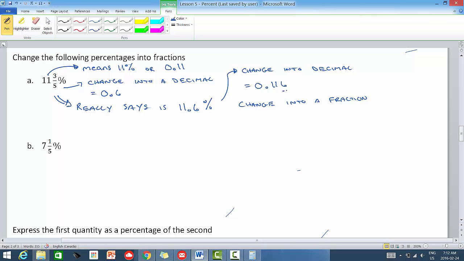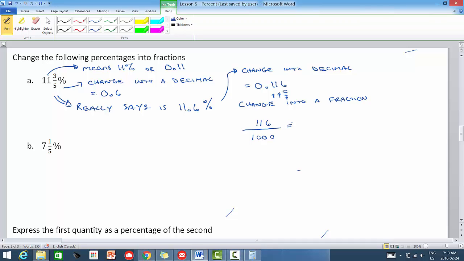Okay, changing into a fraction: you take the last number in the decimal place and you put it over that same value as a denominator. So if this is the tenths and this is the hundredths, this is the thousandths. So our whole number is going to be over 1,000. We put our whole number here, 116 over 1,000, and we can simplify that down.